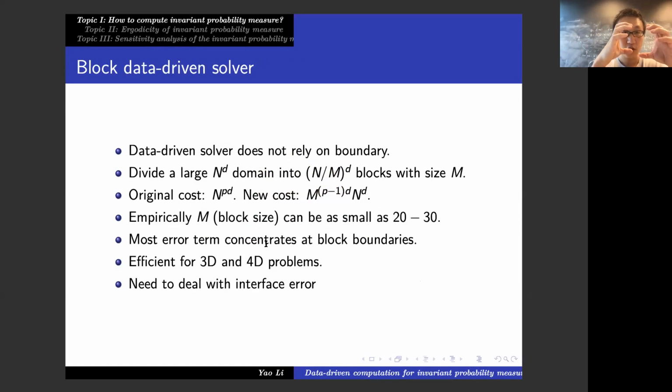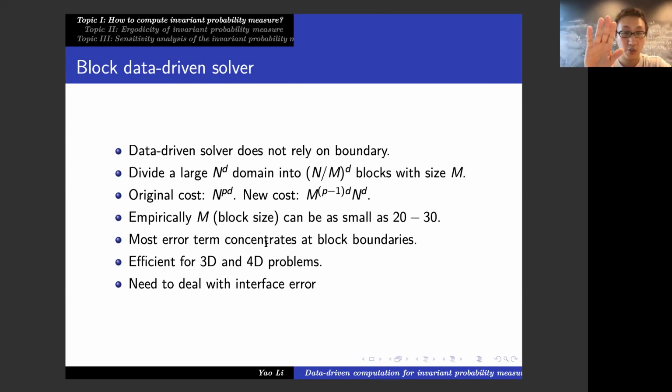So let's shift the block. When we solve for one round, we have lots of errors concentrated on the boundary. Then we redesign the blocks such that the new center covers the old boundary. Then we do it again, letting the old solution be the data.